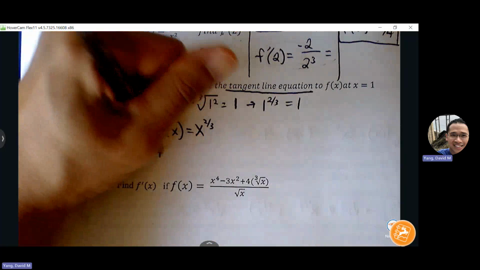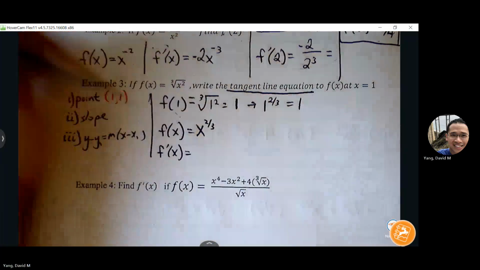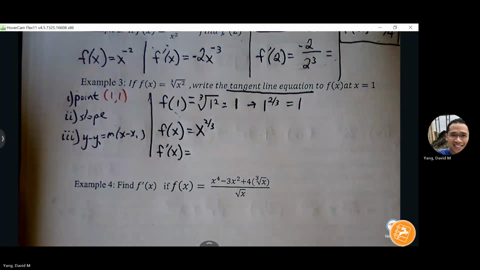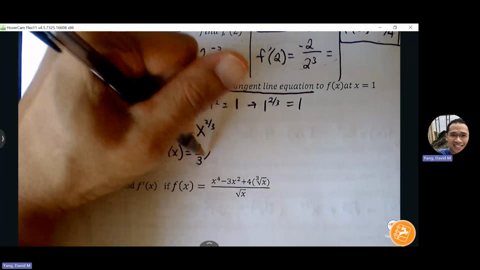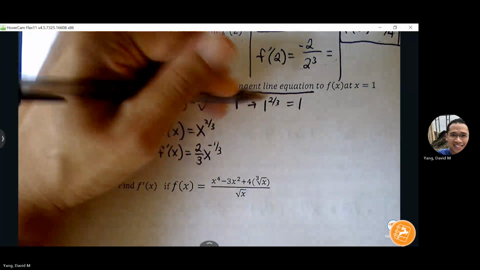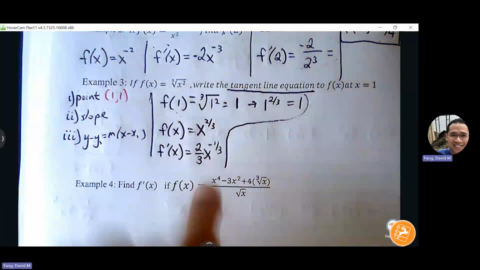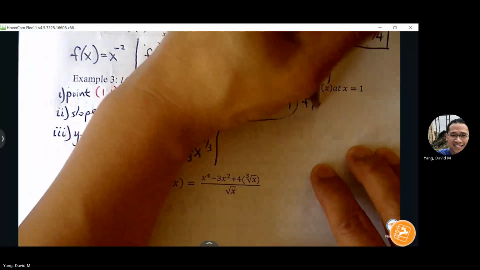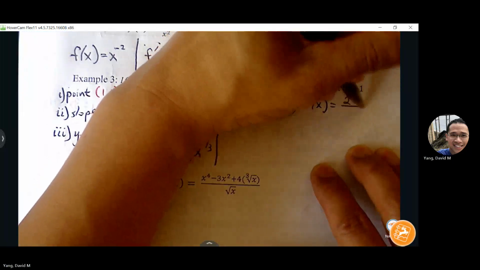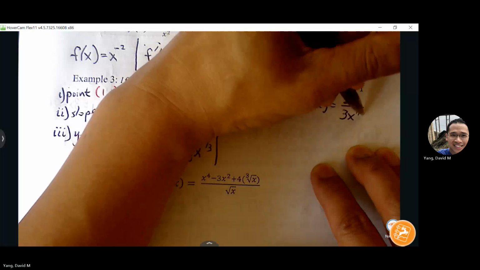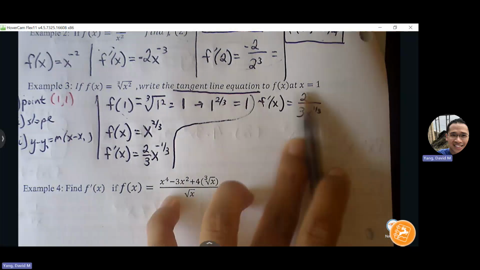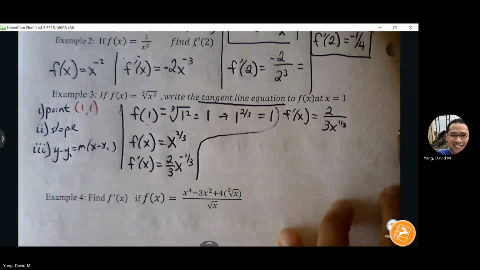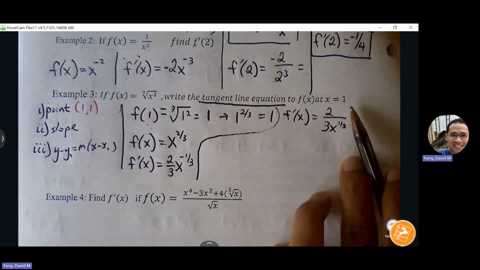Okay, so f prime equals 2/3 times x to the -1/3. Yeah. So I've gotten my slope formula. Let me do some cleanup. Now that I have my slope formula and it's cleaned up, how can I find the slope? Plug 1 in, right?